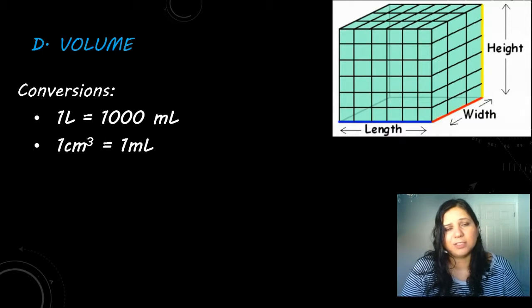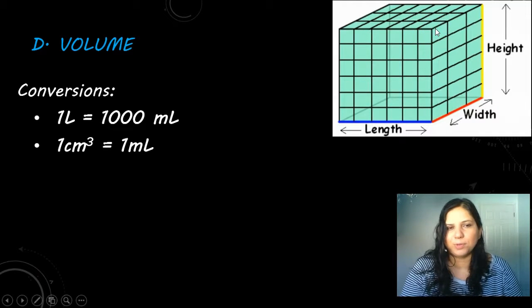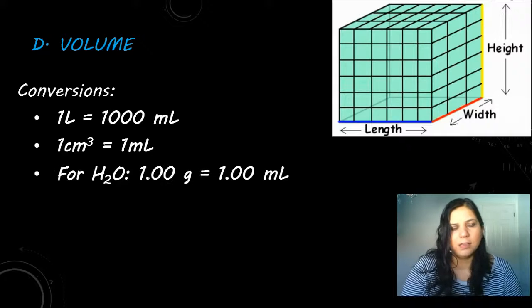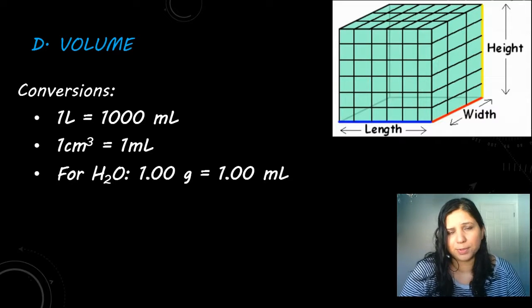1 cubic centimeter is actually equal to a milliliter. So if you take one of these little cubes that are 1 by 1 by 1 centimeter, that would be a milliliter. And then something nice about water, which you'll see a lot, we'll need to use this. The density for liquid water is about 1 gram per milliliter.